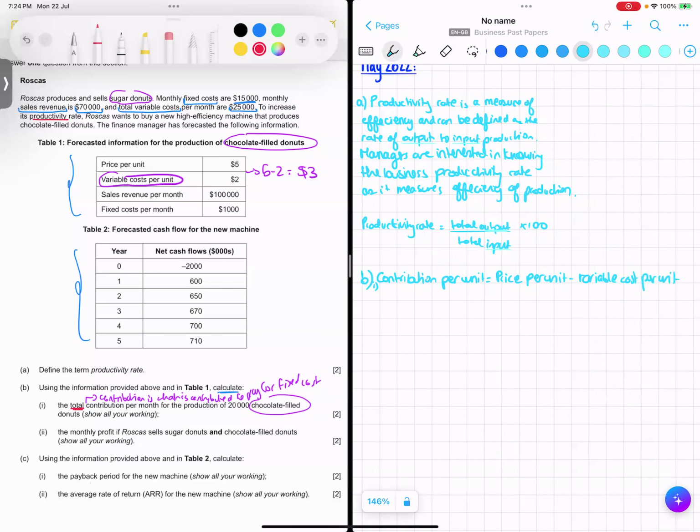Okay, so then we end up having 5 minus 2 equals $3. And always keep in mind that you have to keep the dollar sign in your answer. And now we have total contribution, right?